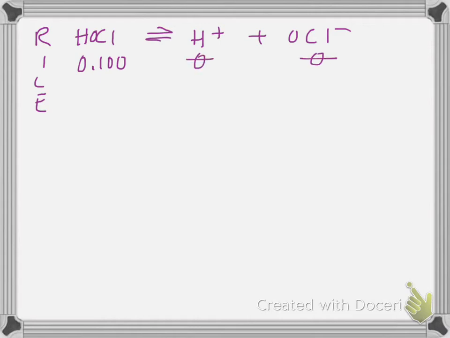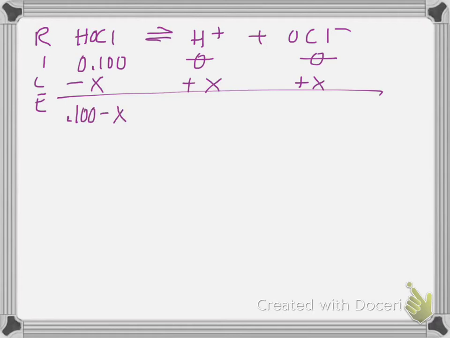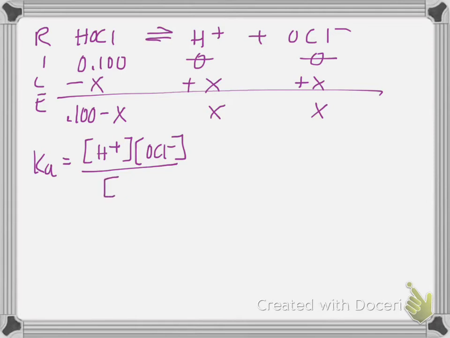So this is going to be minus X. This is going to be plus X. And this is going to be plus X. So at equilibrium, we're going to have 0.100 minus X, X, and X. They gave us the Ka value, didn't they? Yes, they did. So Ka is going to be equal to H plus, OCl minus, over HOCl.